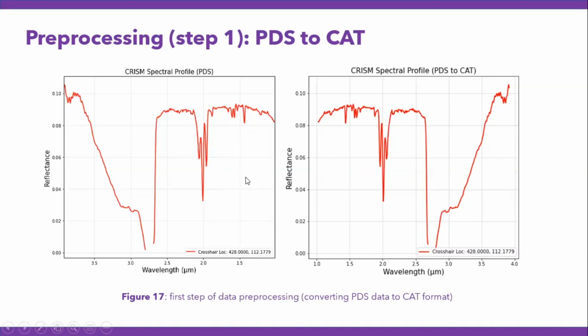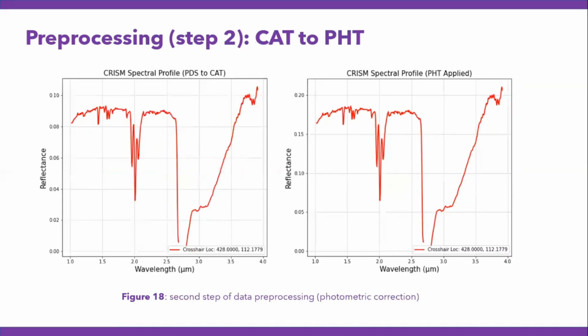And the good thing here is this CAT tool is going to allow us to apply many functionalities, including atmospheric correction, photometric correction, data projection, data registration, and more. So the second step is converting the CAT format to be applicable by photometric correction.